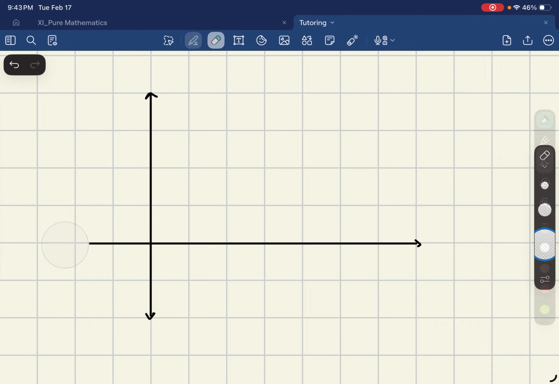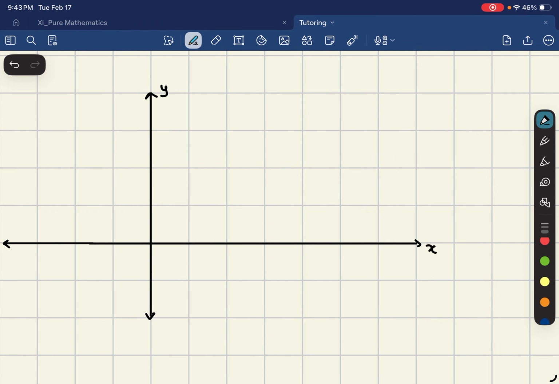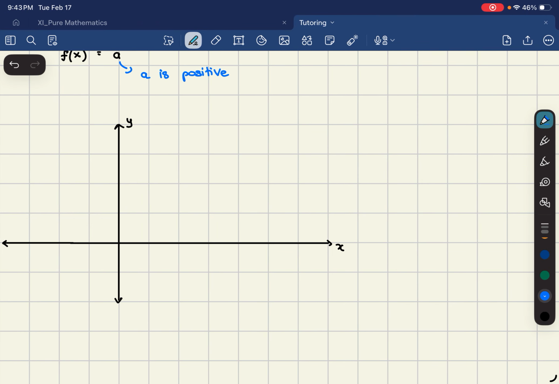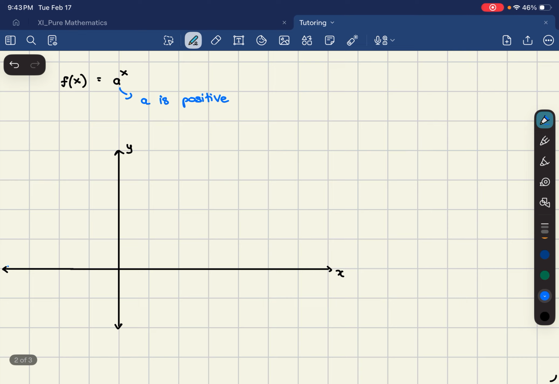Actually, let me draw it bigger on both sides. Okay, so this is y, this is x, and we're trying to draw the graph of a to the power x. Let me just give you the graph, it looks something like this. It does not touch the x-axis.